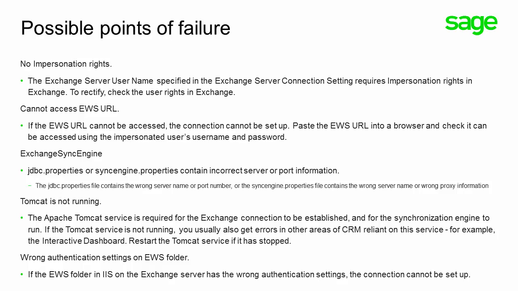Is the Exchange sync engine, which is a Java Tomcat web app, correctly configured? Is Tomcat itself running? You've got the system health check pages to help you with that. Have you got any wrong settings that affect the connection through to the EWS folder? So have we got the right web service or web server IIS settings there?